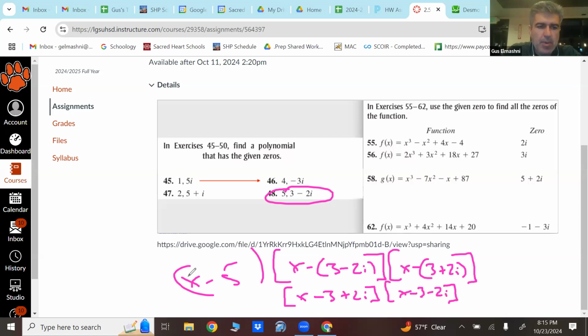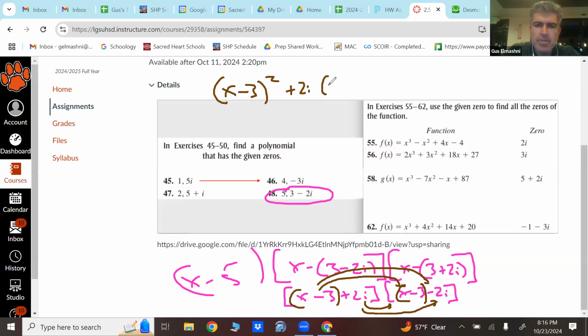Then what I do is regroup: x minus 3 squared, positive 2i times x minus 3, negative 2i times x minus 3, and minus 4i squared.